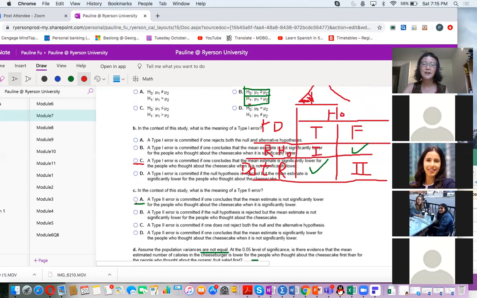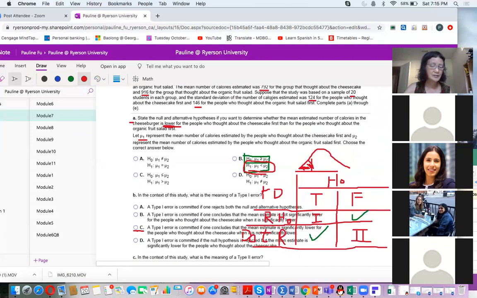This is your H1, okay? So on your calculator, you select mu1 smaller than mu2. And then x1 is this, x1 bar, sample 1 mean.